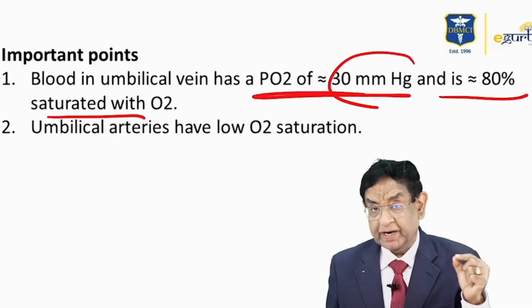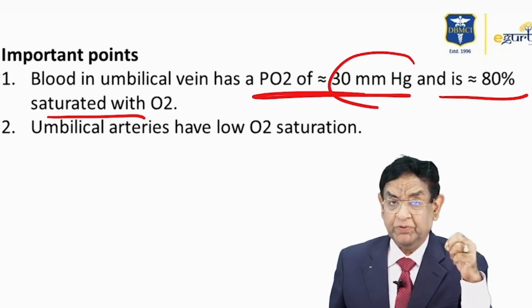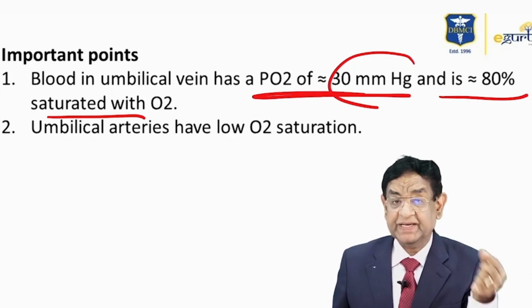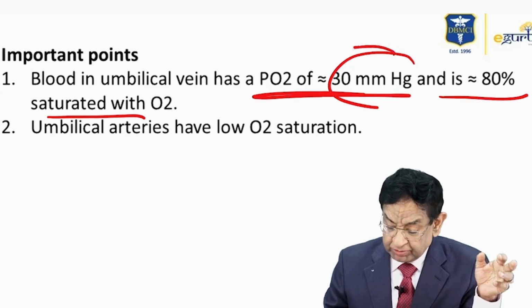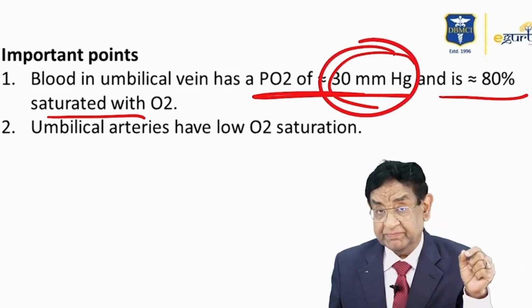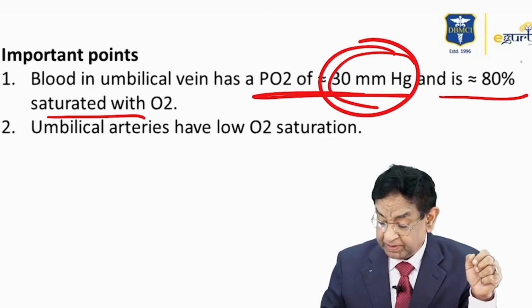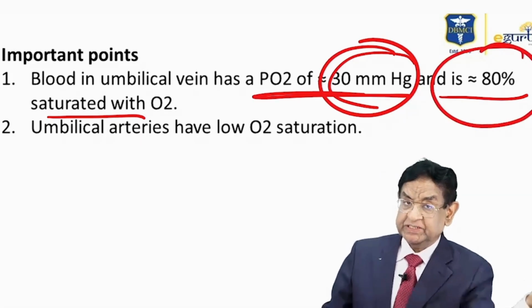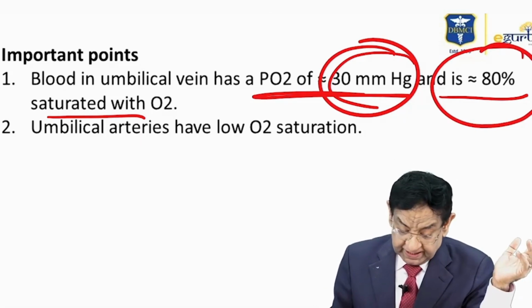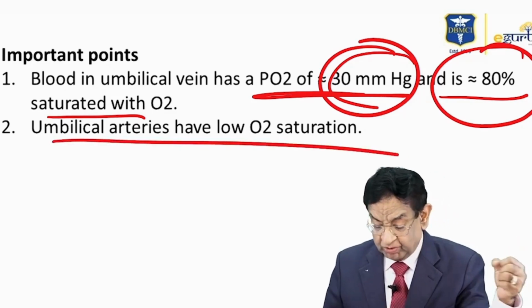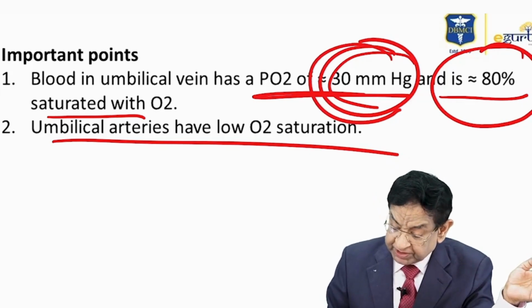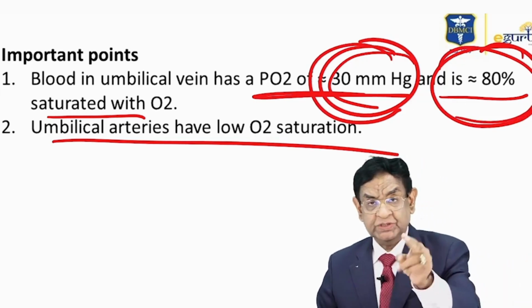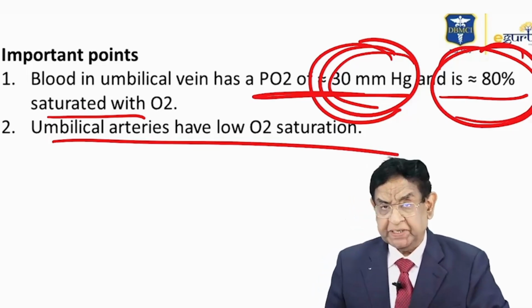The umbilical vein carries the oxygenated blood, so note down how much PO2, 30 millimeters of mercury, and how much saturation, 80%, a very high amount. And definitely the umbilical artery will have a very low oxygen saturation. So you have got to remember the words 30 and 80%, only 2 things to be remembered in this particular slide.